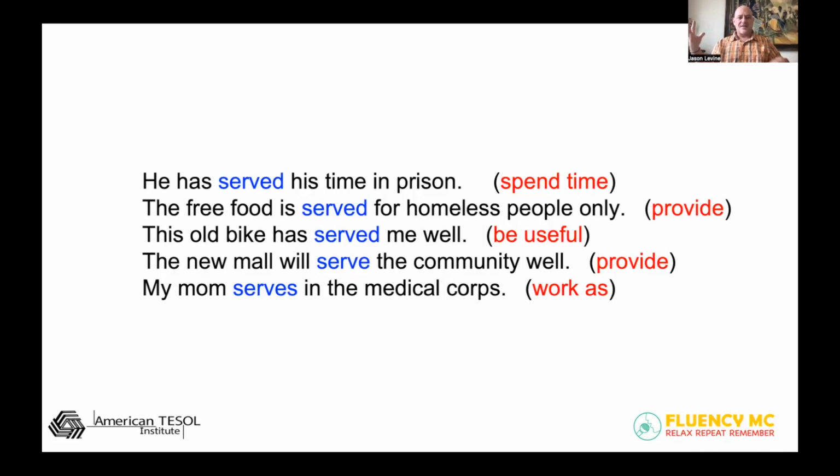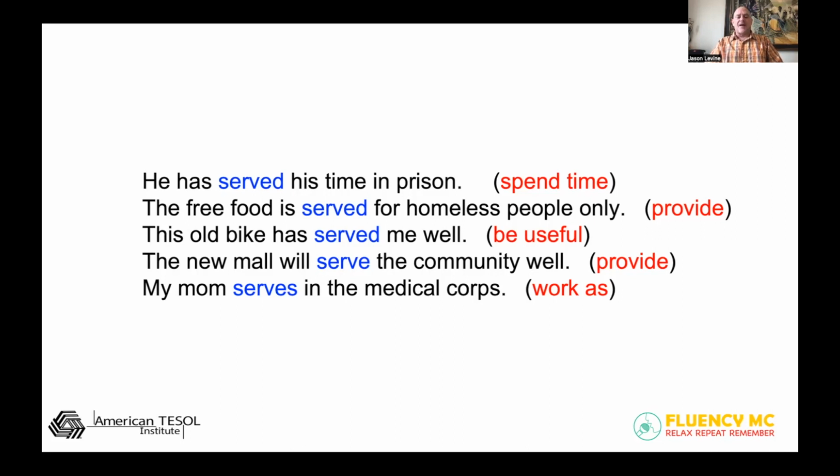You can get a sense of how they're connected. So unlike get, this one I think is a little closer. The free food is served for the homeless people. So it sounds like physical serving. So that's not the same as serving time. The old bike has served me well. It's useful for me.